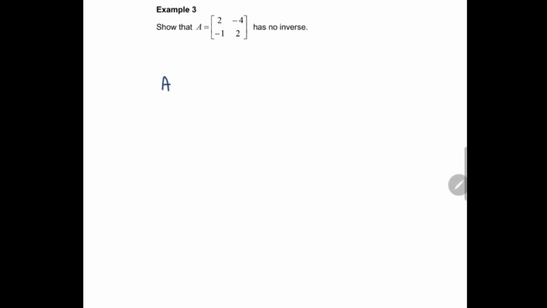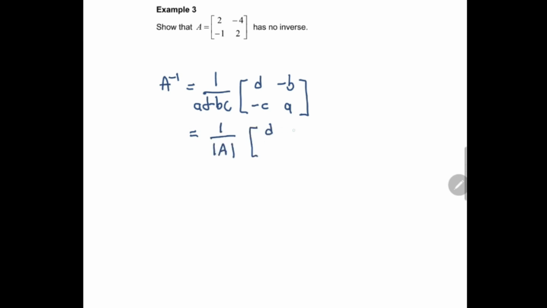As you can see, the formula for A inverse for 2 by 2 is 1 over ad minus bc, d, negative b, negative c and a. ad minus bc is actually the determinant of matrix A. So, how do you know a matrix has no inverse?